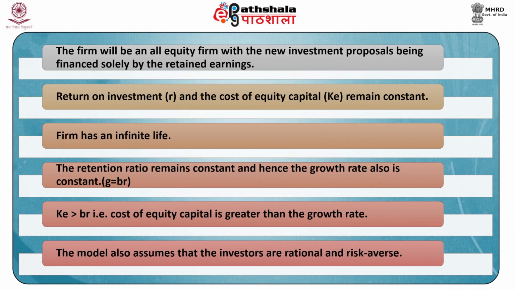The model also assumes that the investors are rational and risk averse. They prefer certain returns to uncertain returns and thus put a premium on the certain returns and discount the uncertain returns. Thus, investors would prefer current dividends and avoid risk.